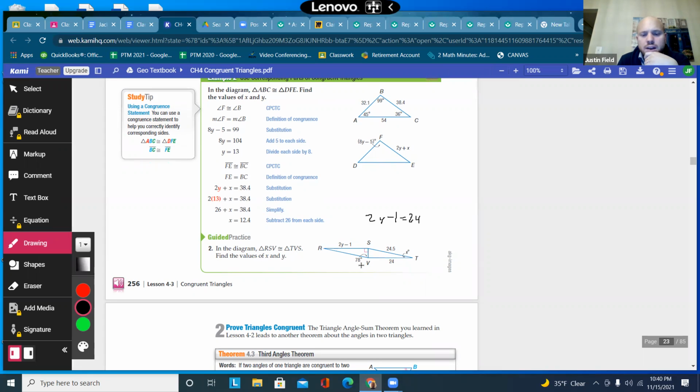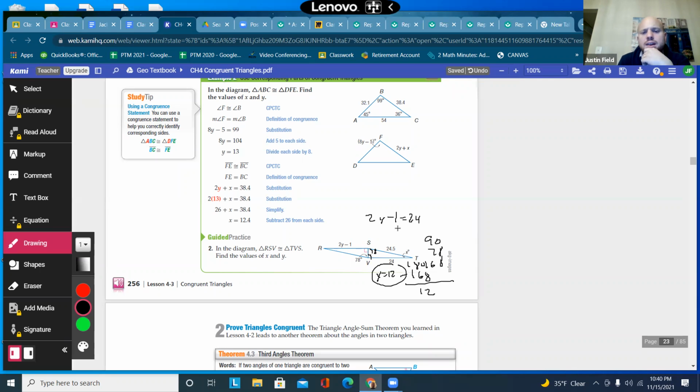And of course, the angles are congruent too. So then this is 90 here, 78 here. 90 and 78 makes 168, and then 180 minus 168 is 12. So x is 12.